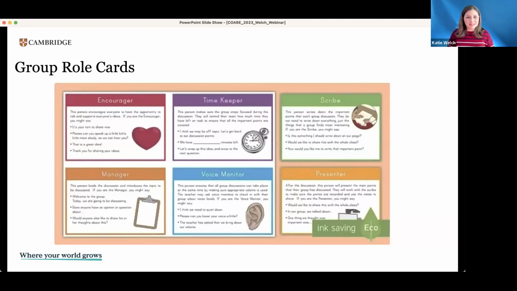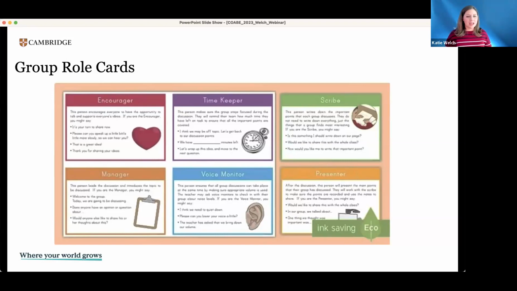If I've randomly mixed my groups, used one of these random group generators, and I had no control over who was working with whom, I then have group role cards, and as I go around, I can assign different roles to different people.